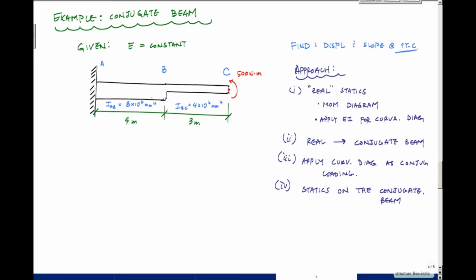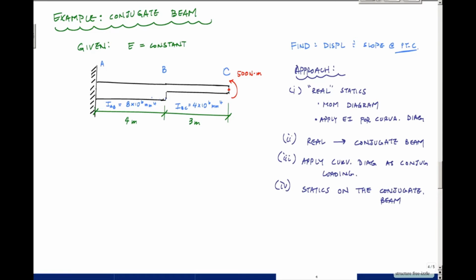The approach of the conjugate beam method is to do your real statics first, or statics on the real or given beam, and come up with a moment diagram, and then use EI to determine the curvature diagram. Once you have the curvature diagram, you draw the conjugate beam, apply the curvature diagram as your conjugate loading, and then use statics on the conjugate beam to determine the slope and the deflection right here.